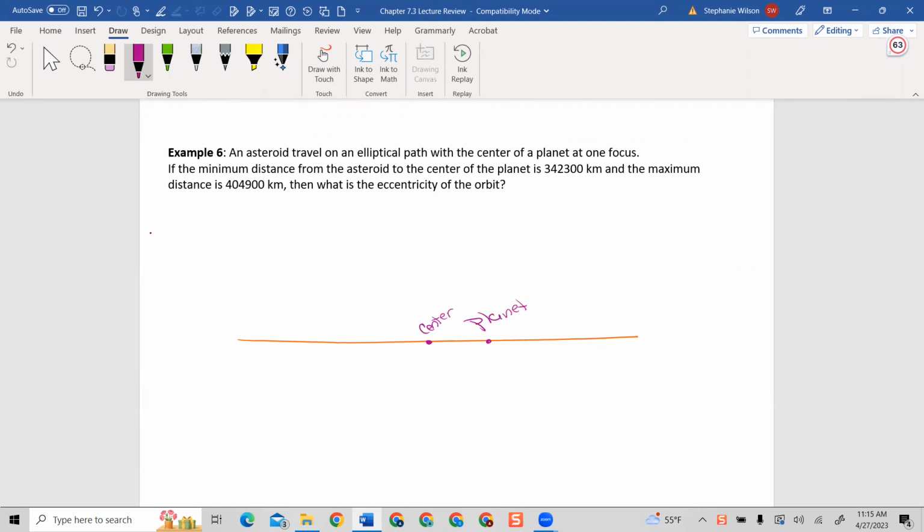Now, it said we have a maximum distance, right? So we have a max of 404,900 kilometers, and this is my vertex, right? And the asteroid, we can name it right here. And then we have a minimum over here. My vertex.